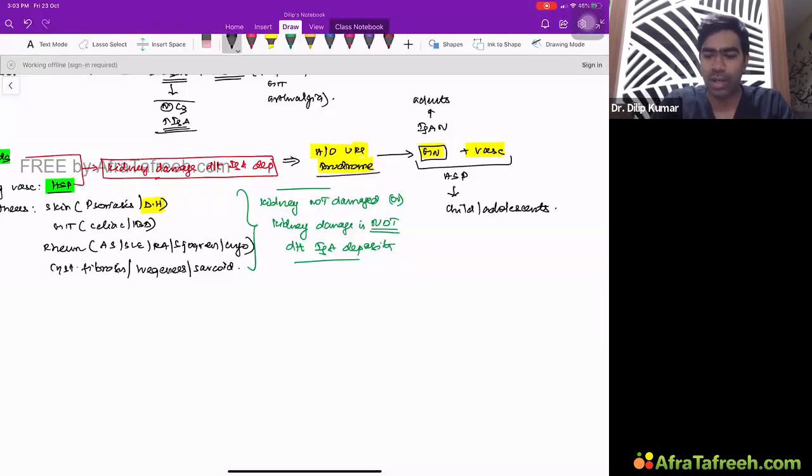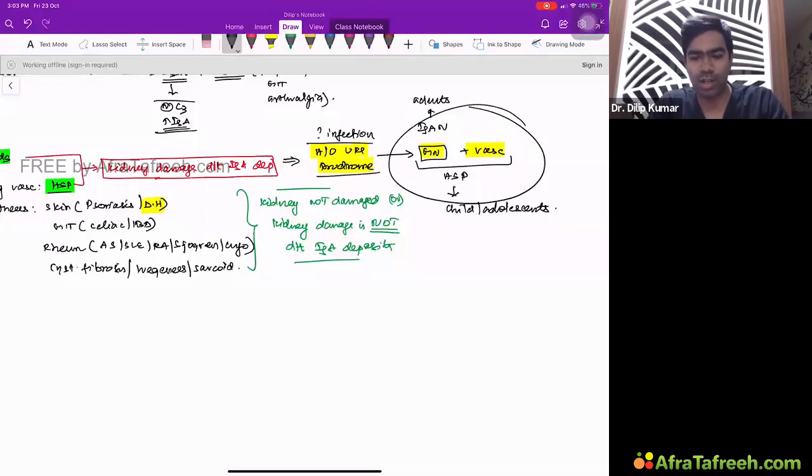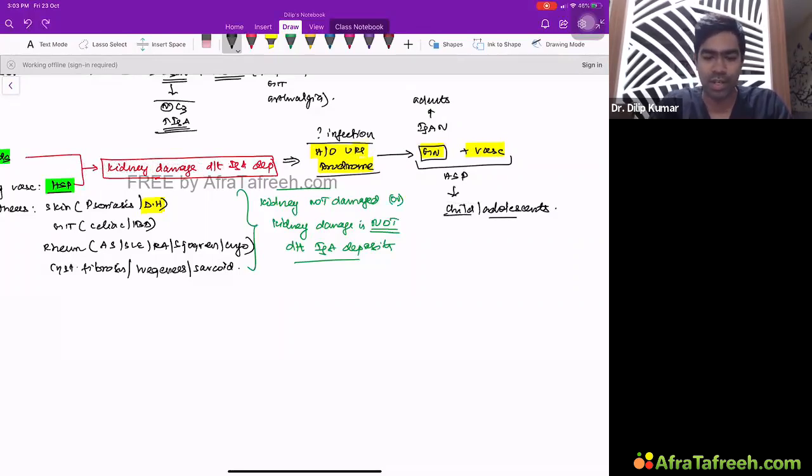For example, a patient who's a child develops a probable infection, we don't know whether this URI prodrome is a prodrome of this disorder, or is it due to some infection, we don't know. There are a lot of infectious agents that have been postulated nevertheless, but there could be some underlying infection where certain children and adolescents behave differently in the form of Henoch-Schönlein purpura, but adults behave differently in the form of IgA nephropathy. So that's the current understanding about IgA nephropathy and Henoch-Schönlein purpura, but nevertheless, this is the idea.